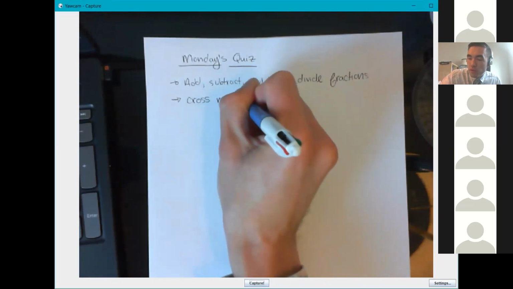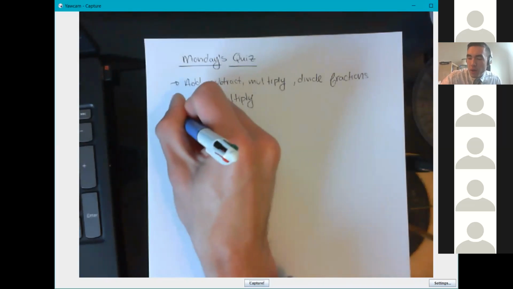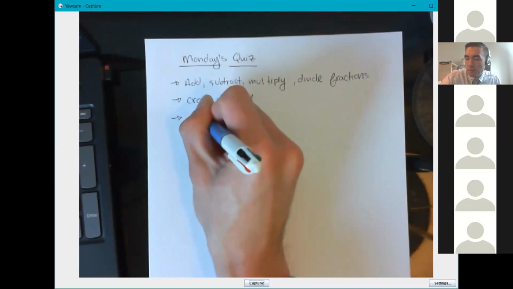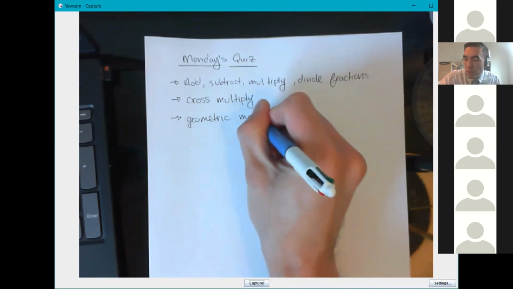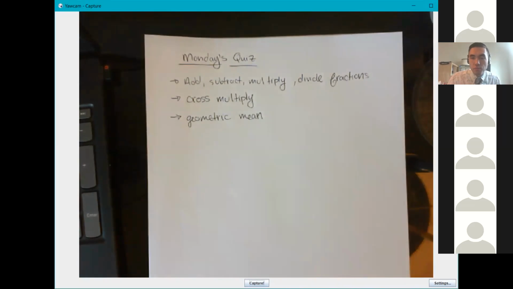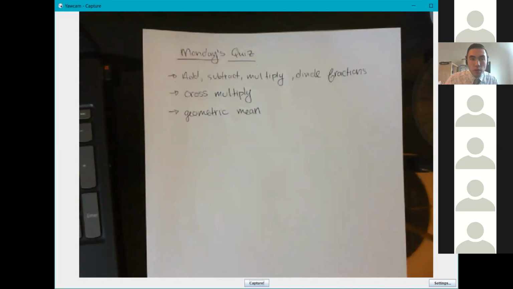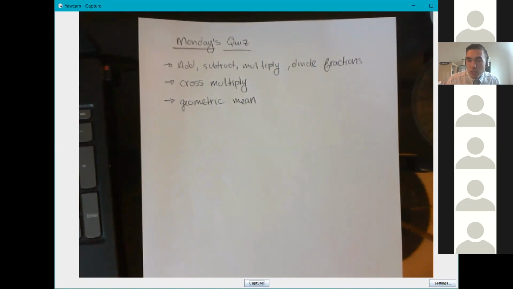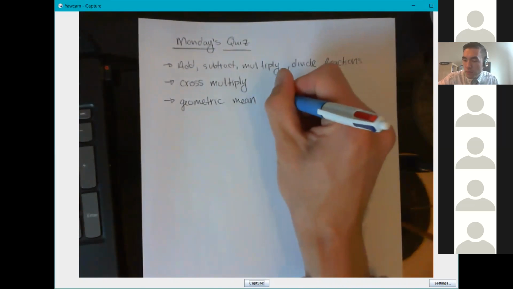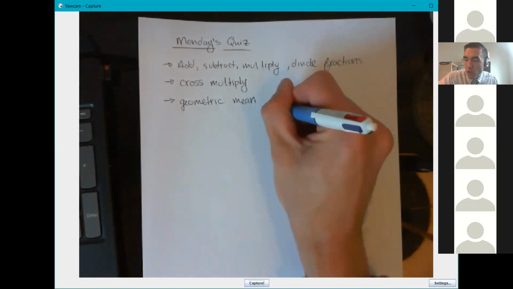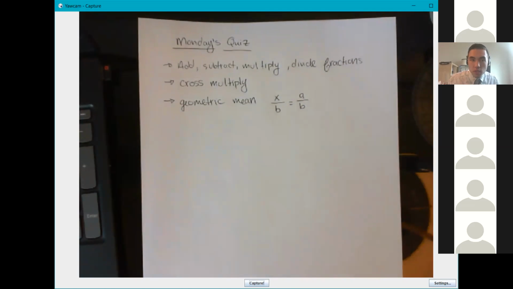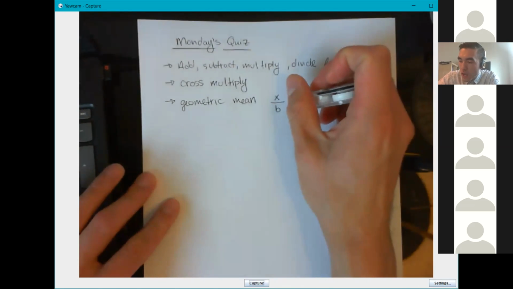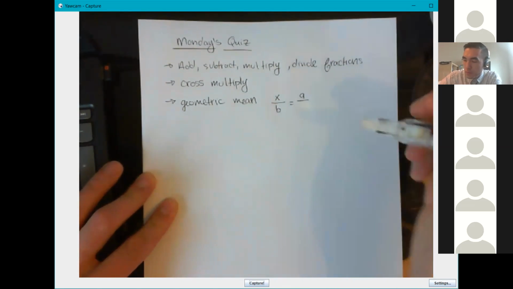And there's one other finicky thing that we did. We talked about the geometric mean of 2 numbers. And this is not the mean in the normal sense, just as a reminder, because this was a thing that we talked about before we went into emergency mode, was that the geometric mean, x, is the number that satisfies the following relationship for a and b. x over b is equal to a over x.